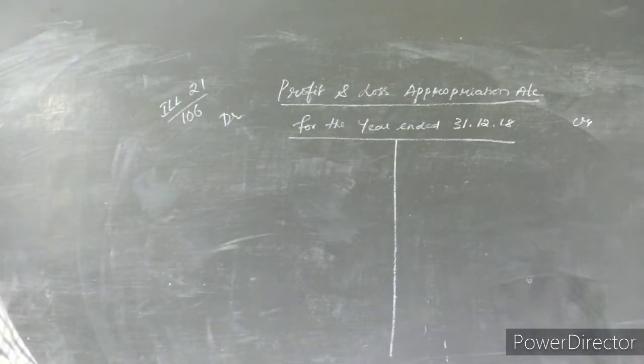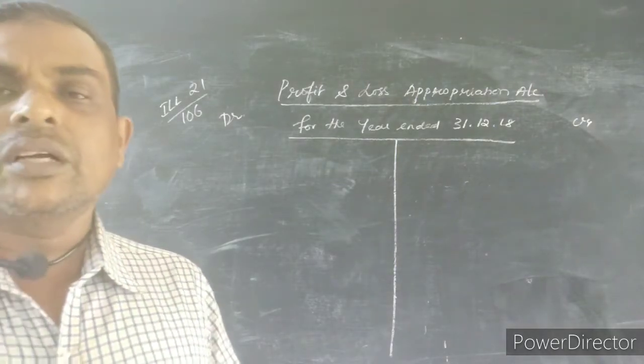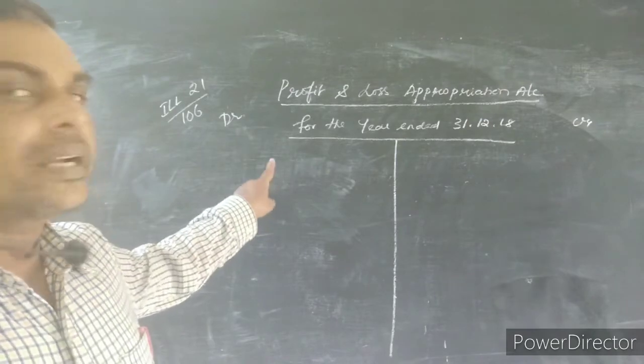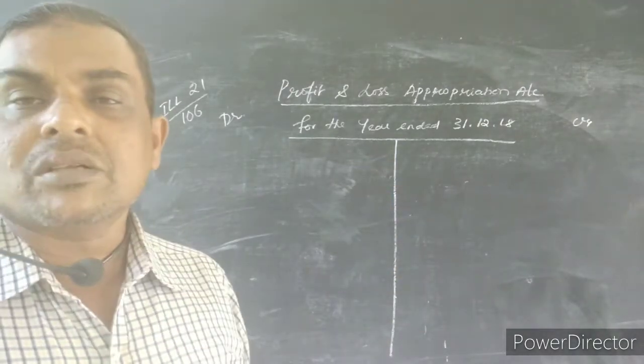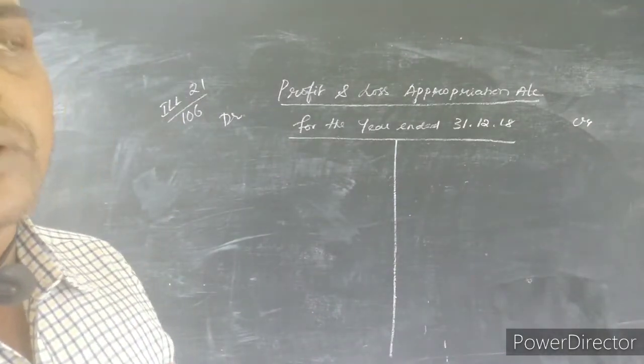On the debit side, 3 items will come: one is interest on capital, the second one is partner's salary, and the third is partner's commission. The credit side is interest on drawings and profit.